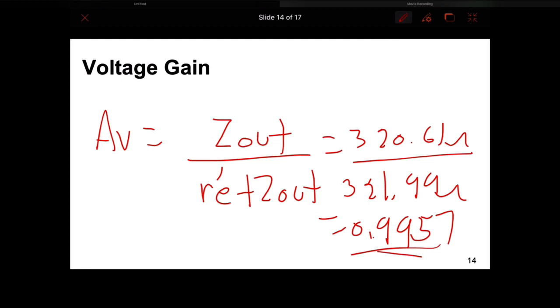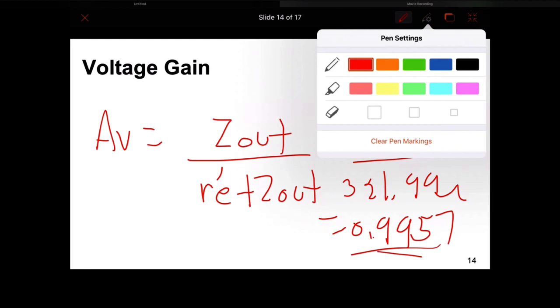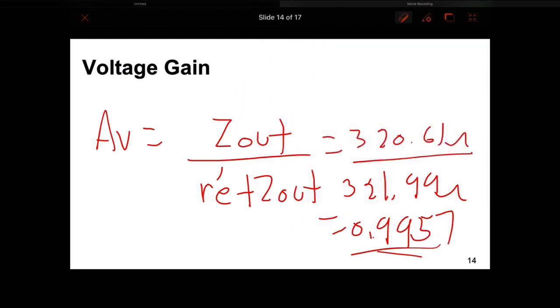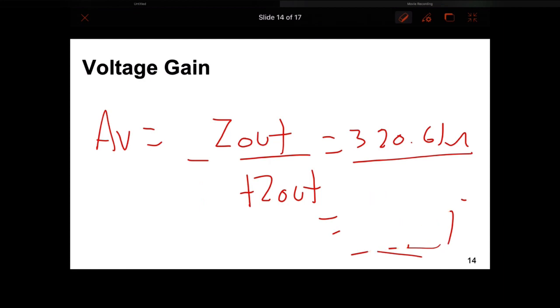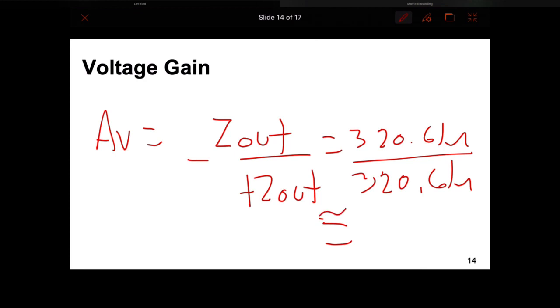If you were to ignore the small contribution of R prime E, it would be Z out divided by Z out, so the voltage gain is approximately equal to 1, which in decibels is 0 dB. Okay, so that's the voltage gain.